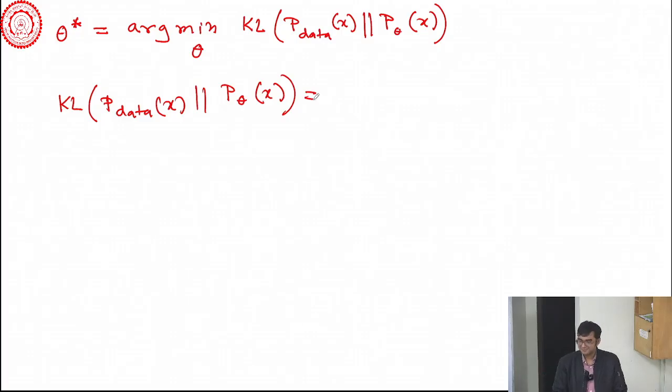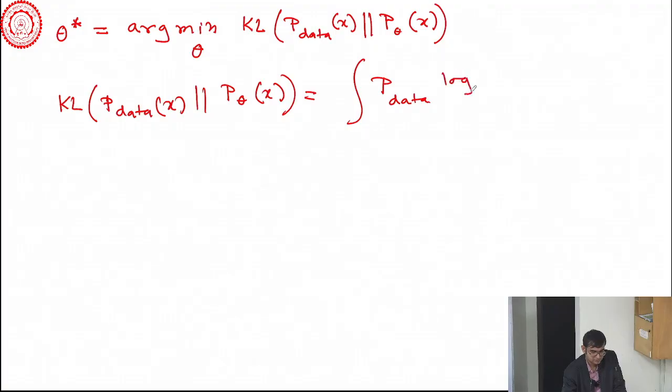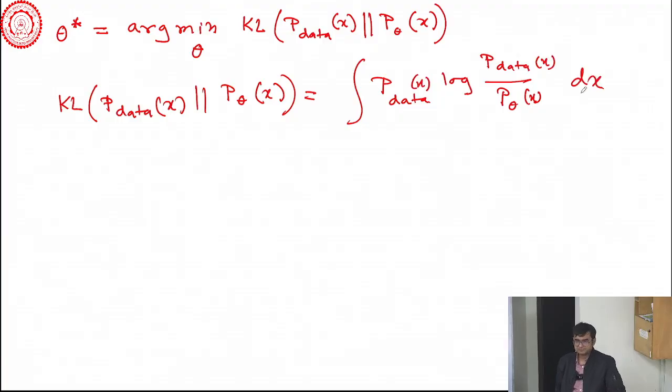Integration, first of all. Integration of P data log of P data by P theta. Obviously, each of this is having a x, dx. This is the one which is also equal to expectation with respect to P data, obviously, but I don't need that right now, so I will not write that.